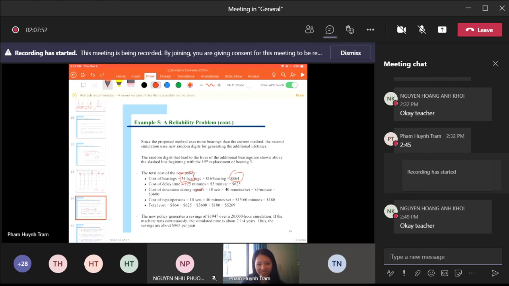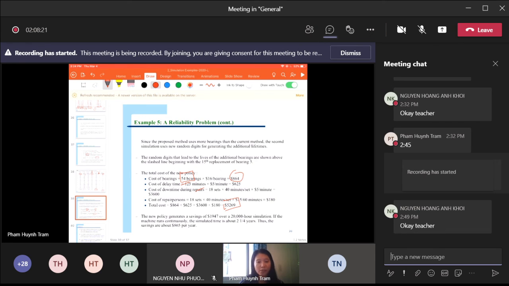Okay, so it's obvious that if we try this second method, we save around $800, right? And the simulation time we run is around 21,000 hours, so it's about 2 years.